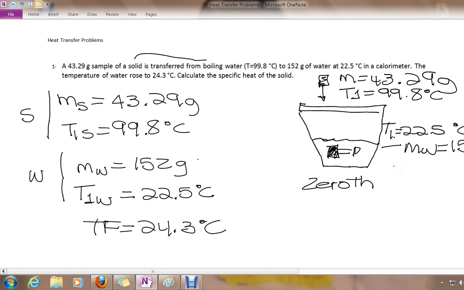So the final temperature in this type of isolated system, when there's heat transfer from one part to another, is always the same for both. Say you have a Diet Coke and you put in ice. The Diet Coke is transferring heat to the ice until both get to the same temperature.